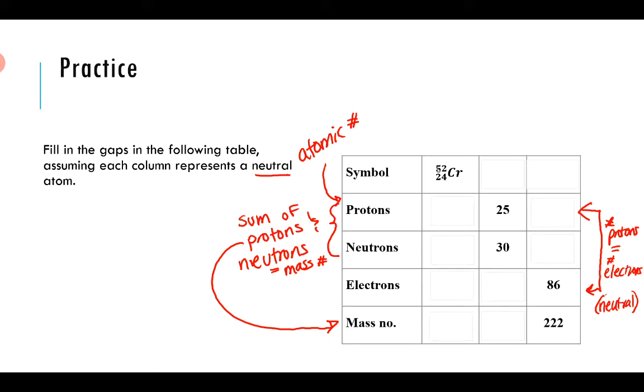So let's figure this out. Based on this symbol here, we have an atomic number of 24. Since it's neutral, that means we also have 24 electrons. It has a mass number of 52.